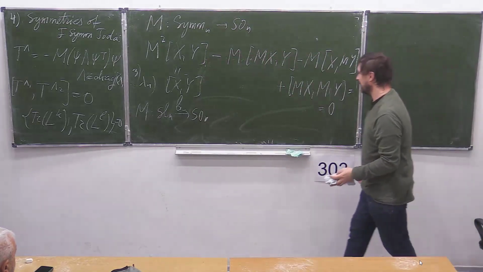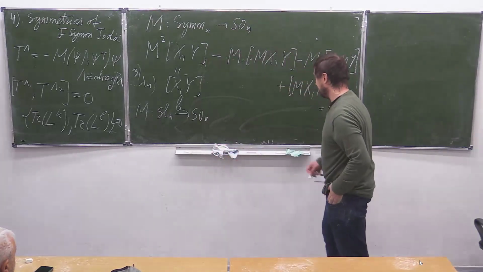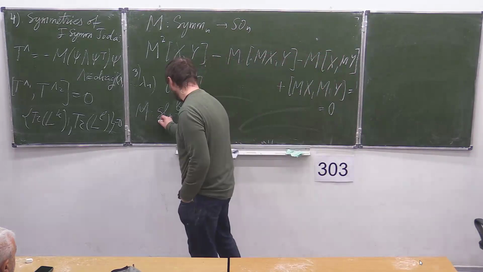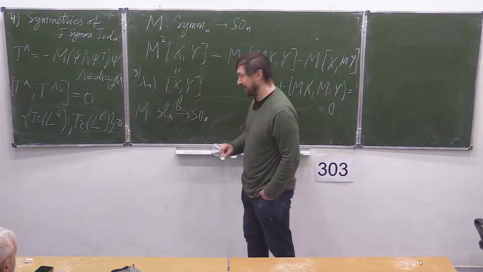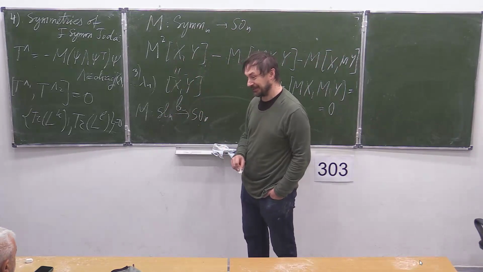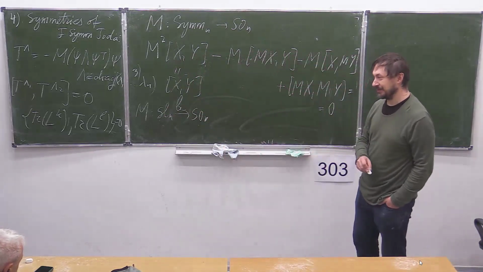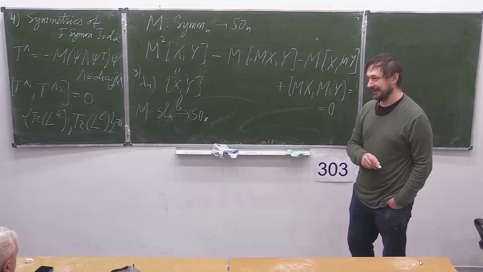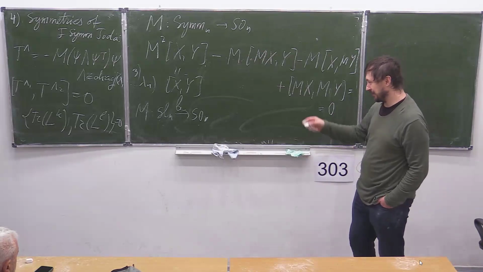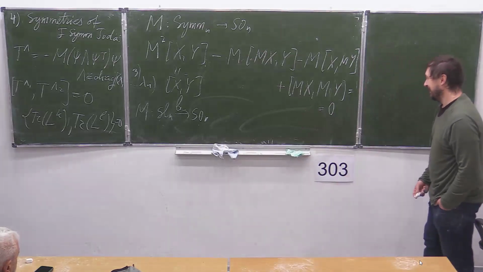When you have a projector from a Lie algebra onto a Lie algebra along another Lie algebra, this projector always verifies this equation. It's easy to see. Volodya said that it was known by Kosmann-Schwarzbach and discovered earlier, so I rediscovered this somehow.